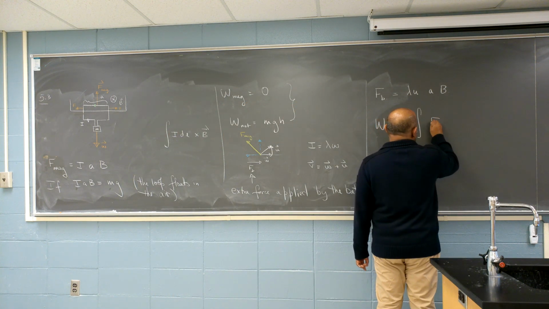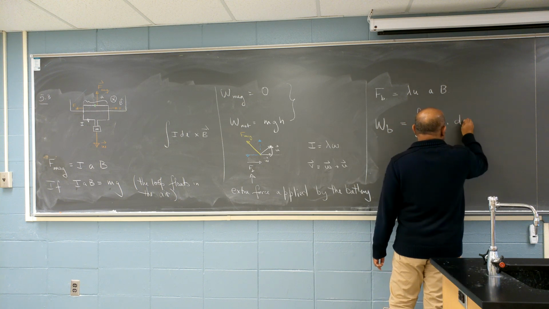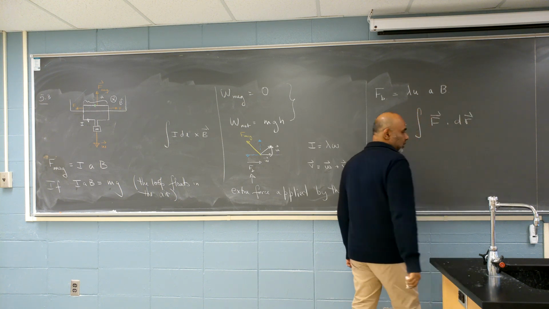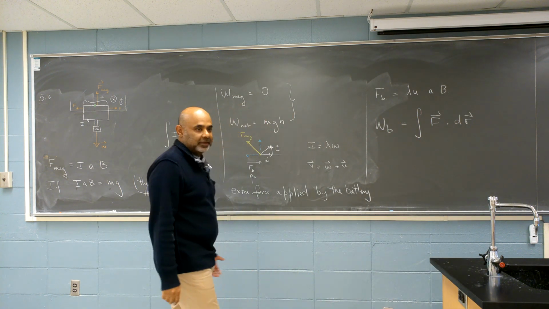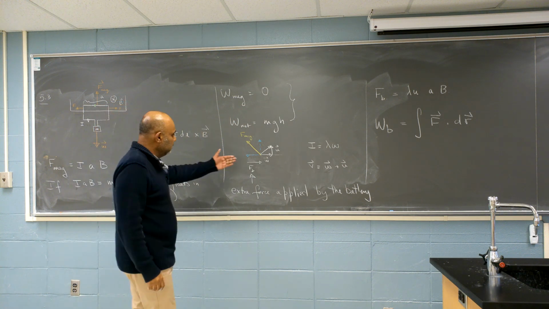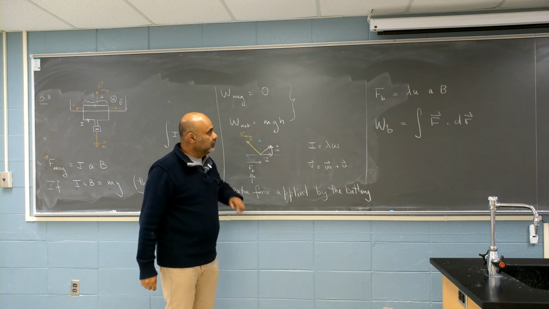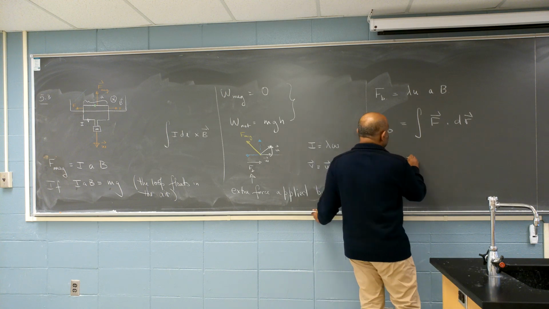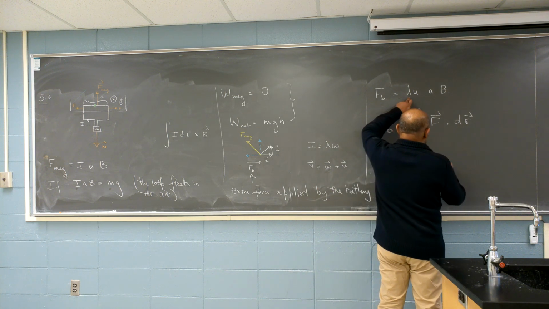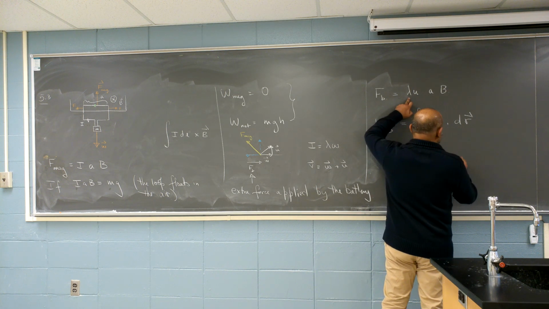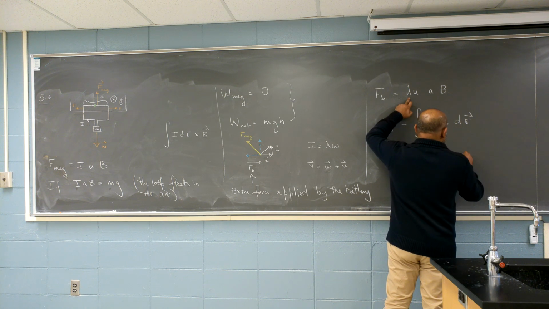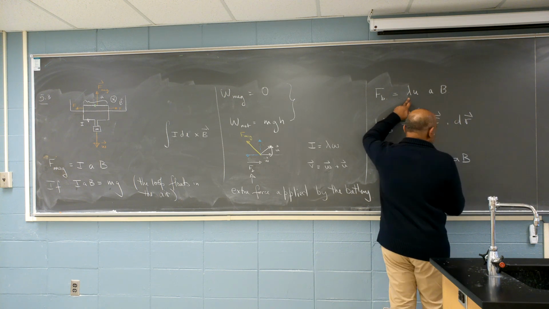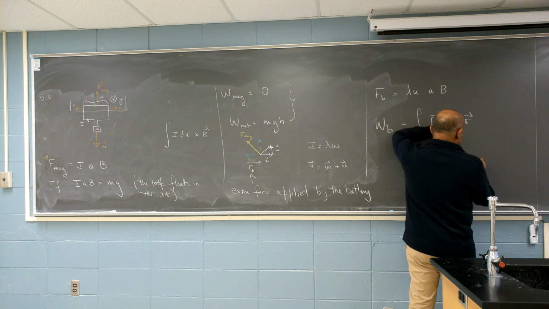So let's do the work done by the battery. This is always F dot dr. We don't have to again keep track of vectors. Everything is in one direction. So it's going to be λ U A B. Let me temporarily call it dx, if you will.